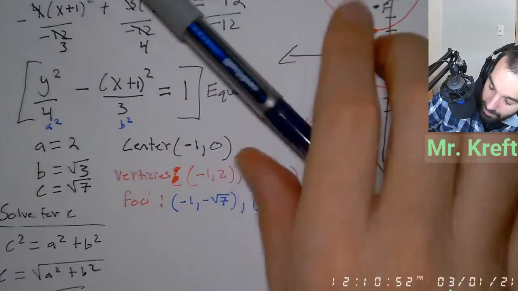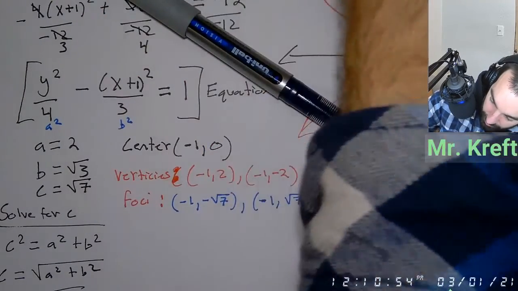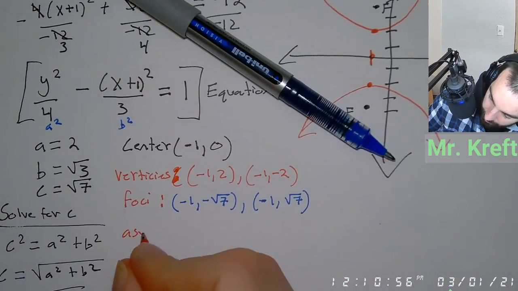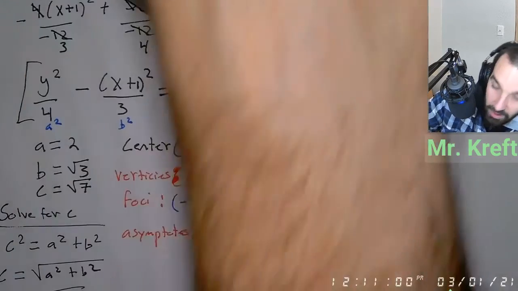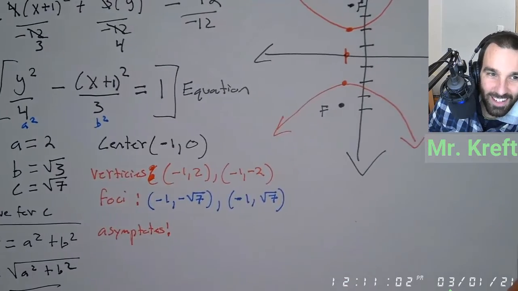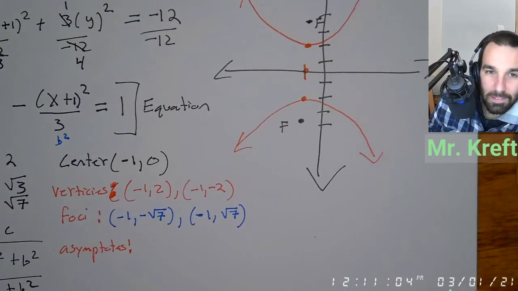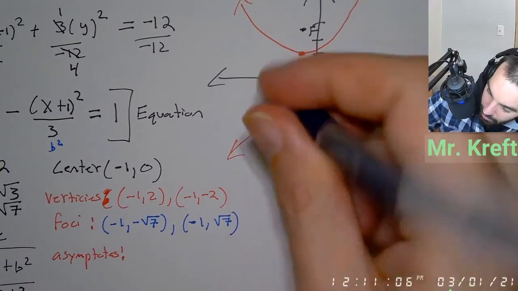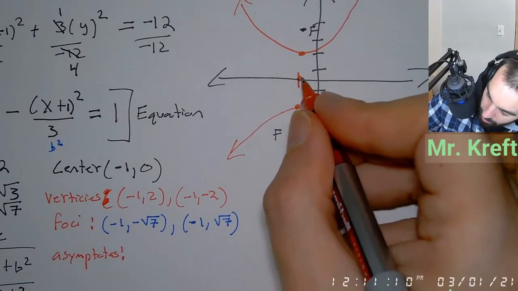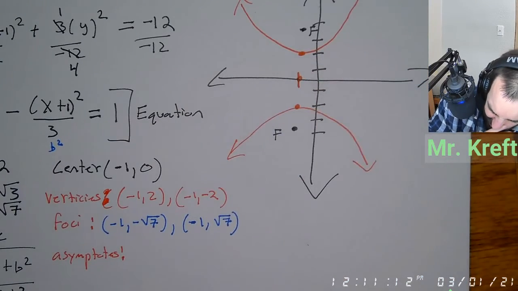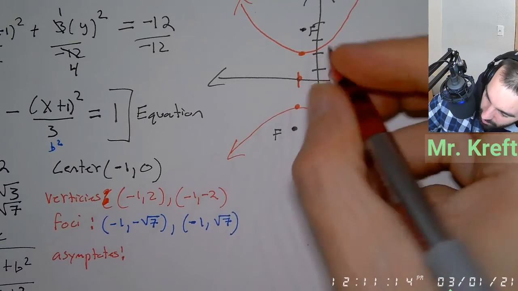All right, and then to find the asymptotes, I'm going to remember that if this is my center, my b is root 3. So root 3 is less than 2.